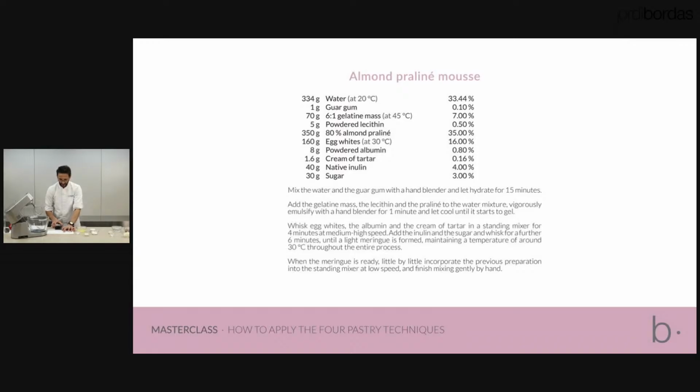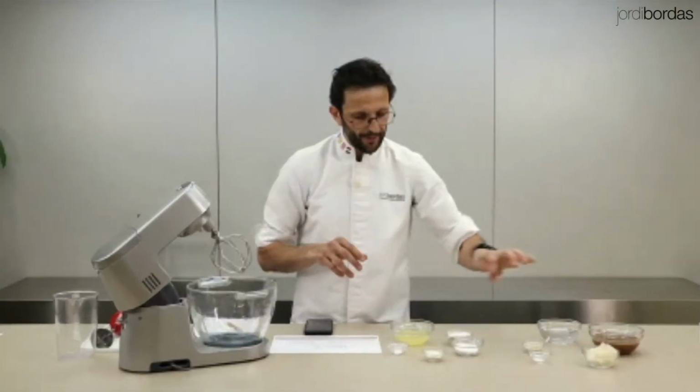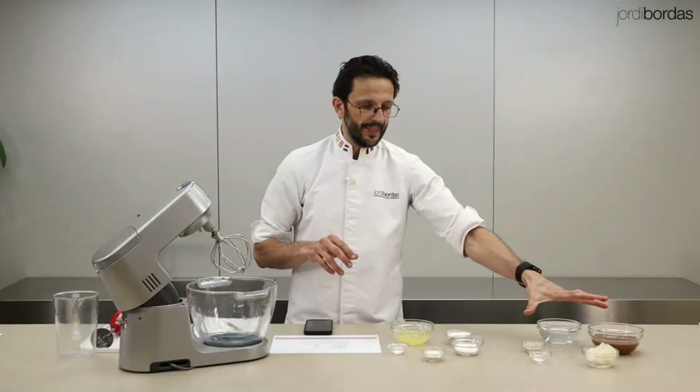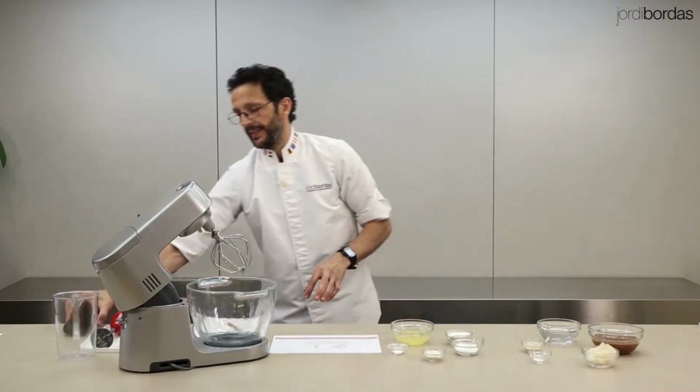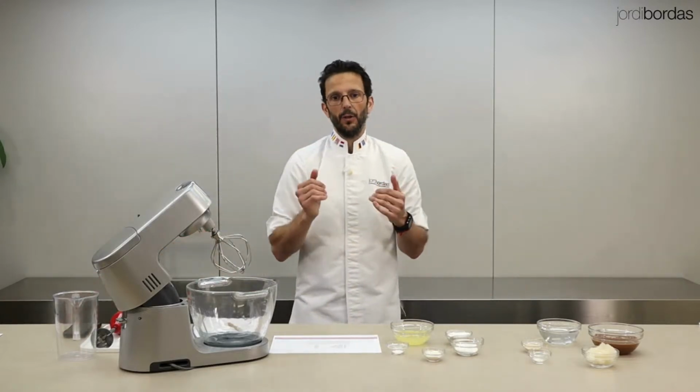We have 80% in this praline, and 35 per 0.20% of sugar that we have here. That means that here we have 7% in that praline. In that praline, we have 7% of coconut sugar, and then we have 3% of white sugar. That means that in total, in that recipe, we have only 10% of sugar. That is a recipe with reduction of sugar.